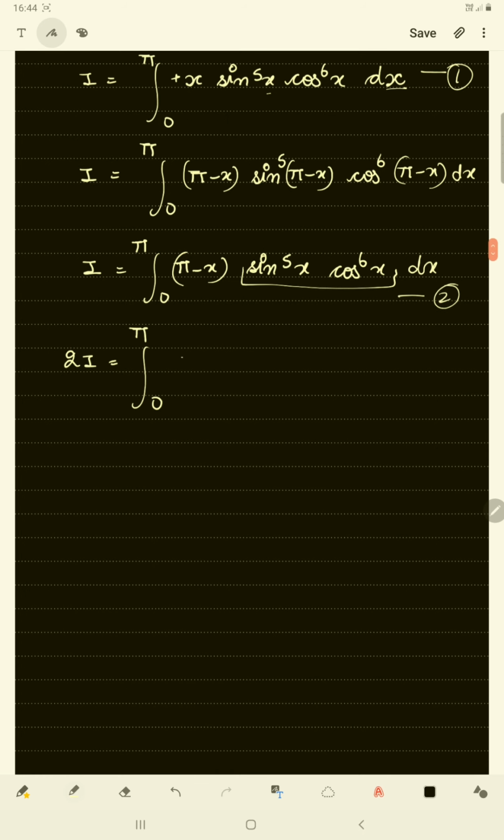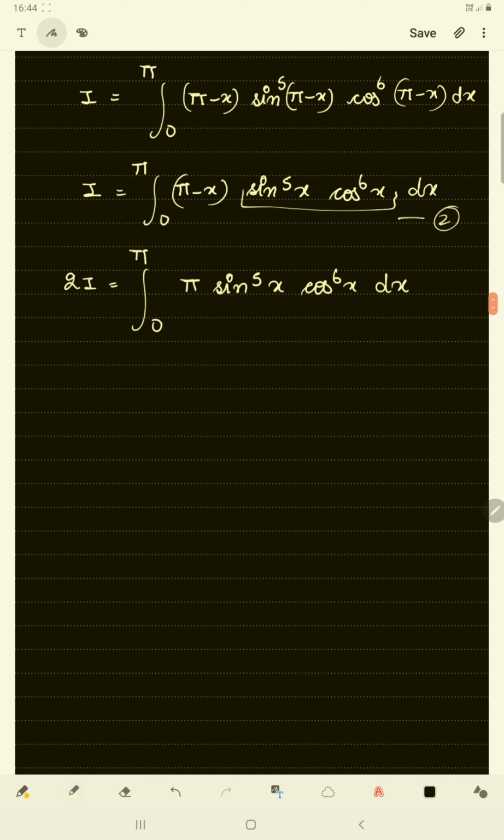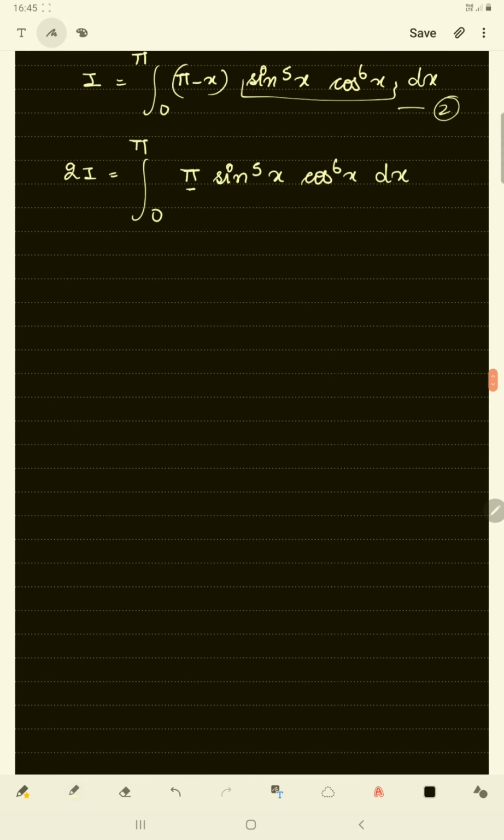So we can simply write it as pi sin^5 x cos^6 x dx. Now we actually got rid of the x, and we have just a constant in its place, which we can take out of the integration sign because a constant in multiplication does not affect the integration as a whole. So this is equal to 2I.